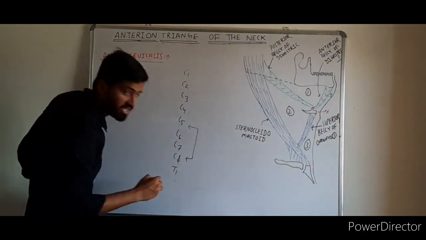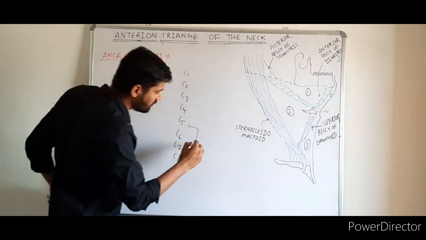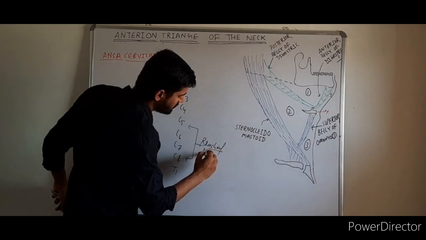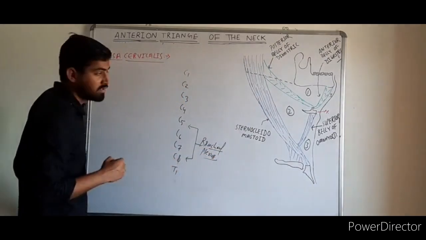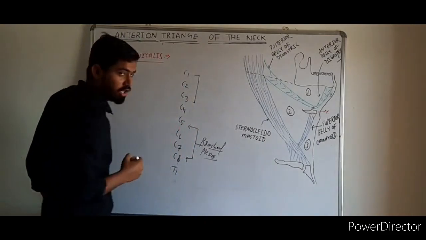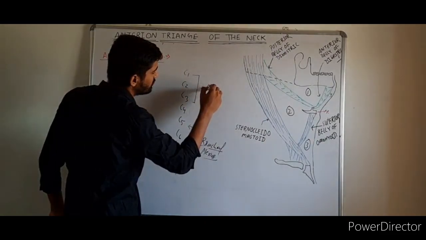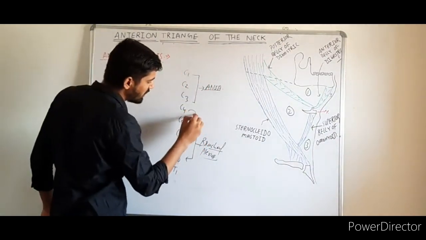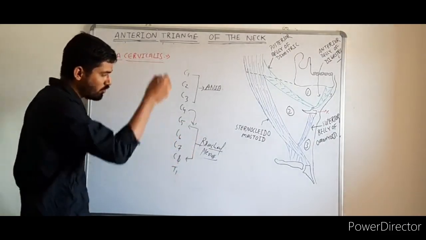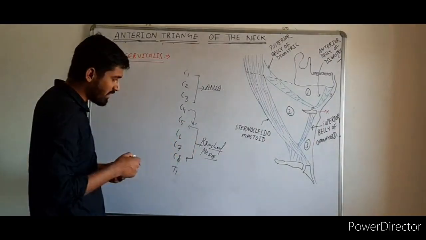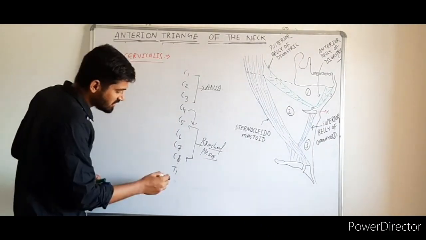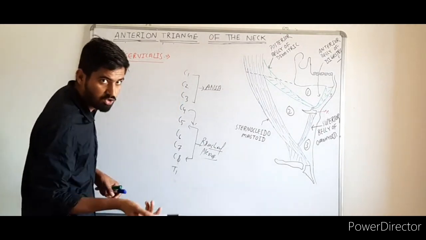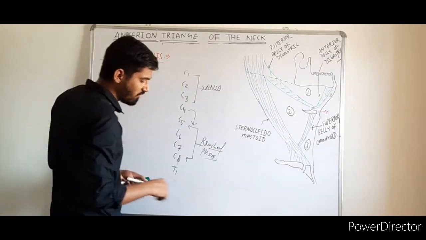Yeah, I know T1 is also there, but I am talking now about the cervical vertebrae. So they form the brachial plexus, and C1, C2, C3 will form the ansa cervicalis. Sometimes C4 is also involved in this. So you have to remember like this. If you are reading brachial plexus, then remember this level, and simultaneously think, okay, C1, C2, C3 form the ansa cervicalis.